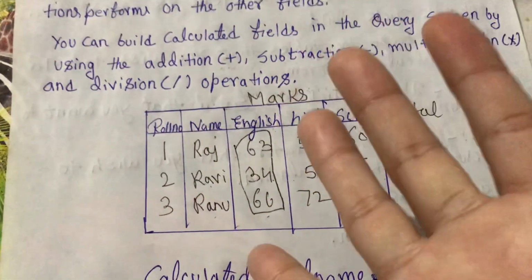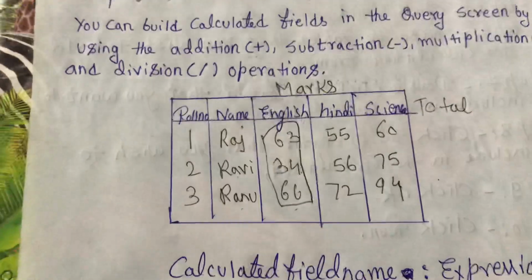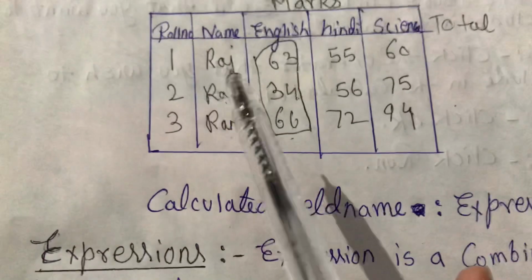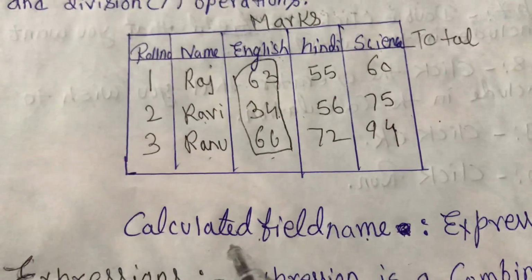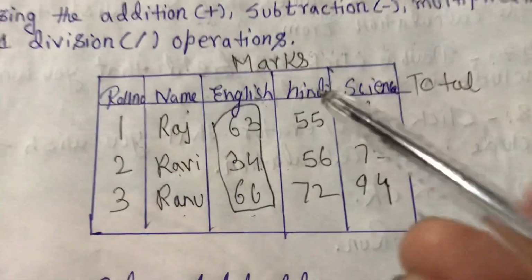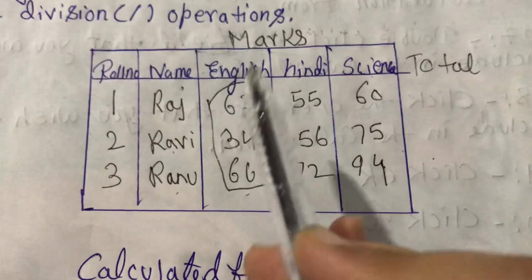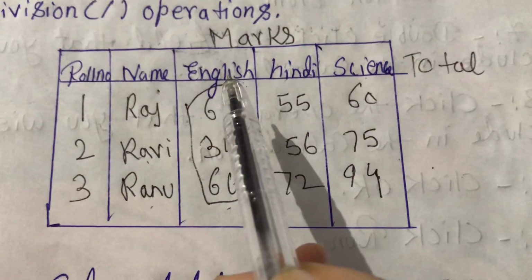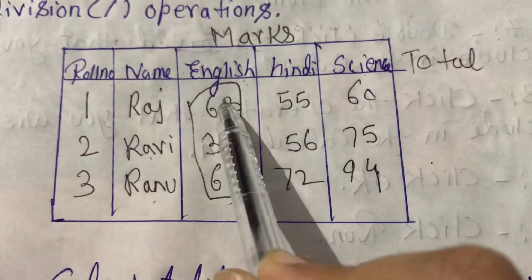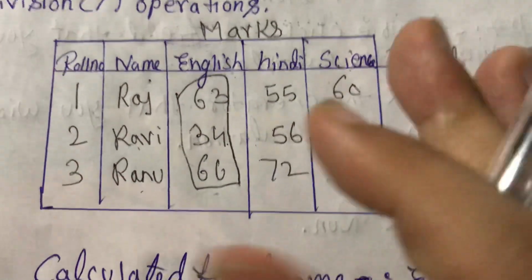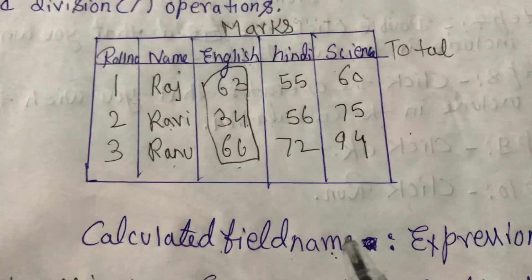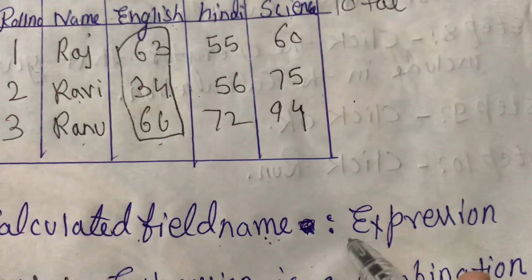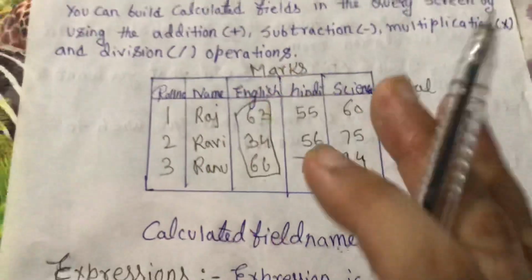And what is the syntax of the calculated field? You must write the calculated field name, meaning the field on which you want to perform the calculation, that is, the marks of English or Hindi or science. Understood? Calculated field name, then put the colon and the expression. Expression is simply the functions.